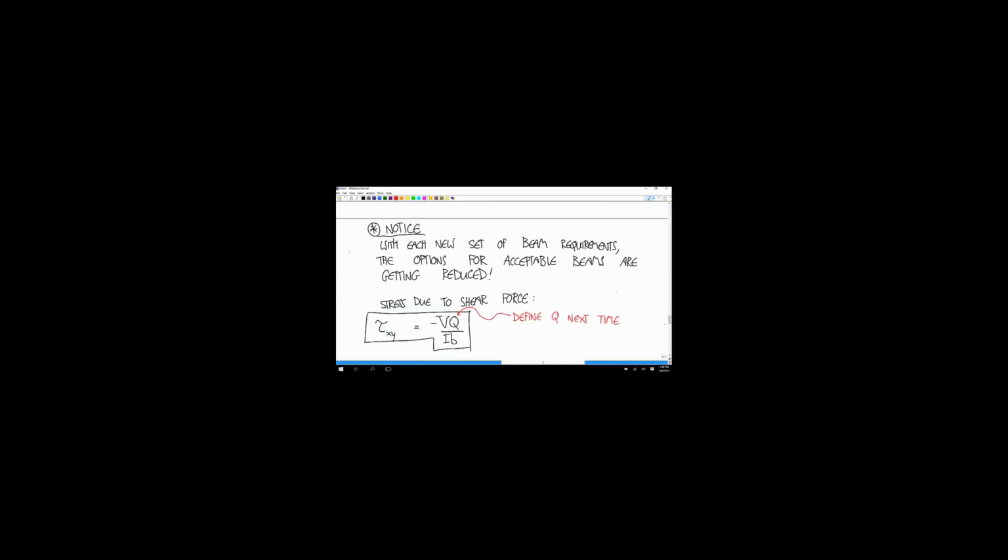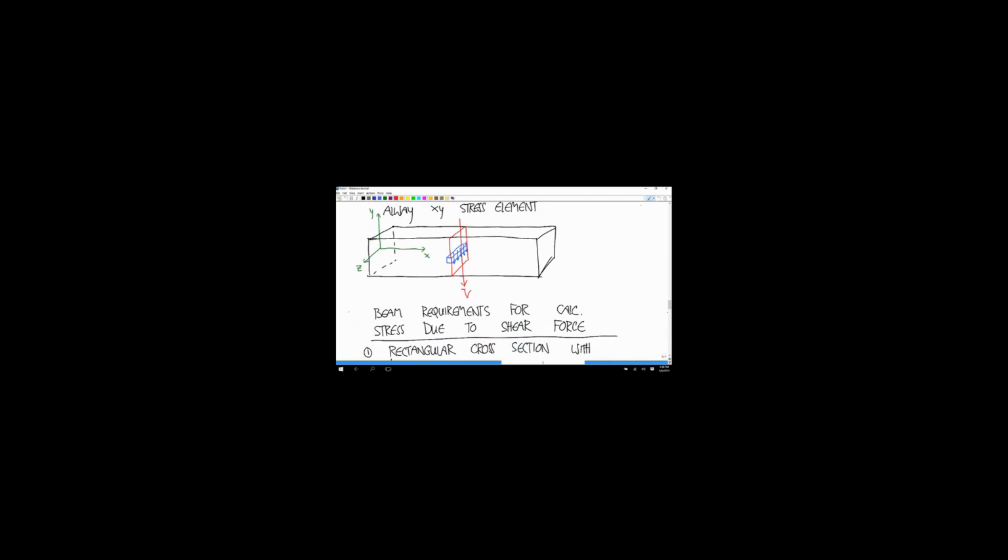And remember with bending moment, I'll say one more thing. By thinking about how the shape bends, like you bend a bar like this, you can intuitively figure out that the top of that bar is going to be in compression and the bottom is going to be in tension. You can figure out intuitively why this negative sign is here from this picture, because this is what, with our sign convention, we call a positive shear force.